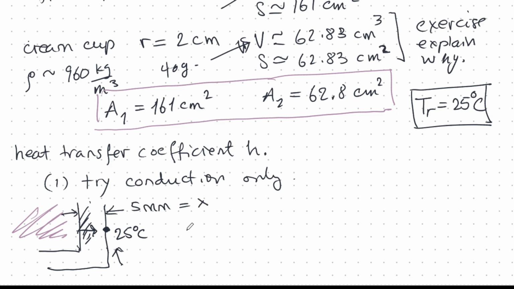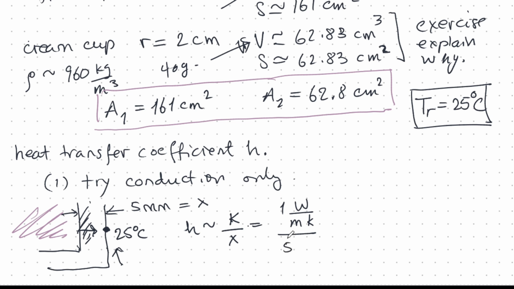So if this is the case, then H should be approximately K over X, where K is the conductivity of this substance. So for glass or ceramic, I think I'm being kind of optimistic to say it's about 1 watt per meter Kelvin over 5 millimeters.